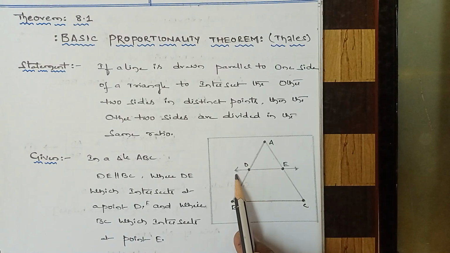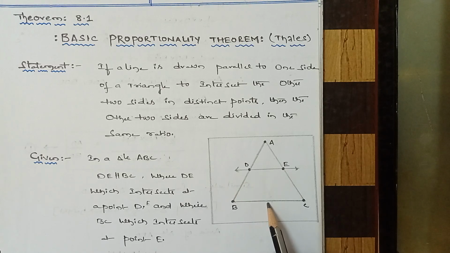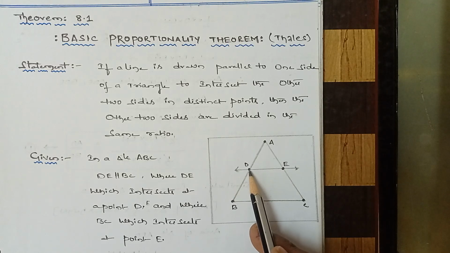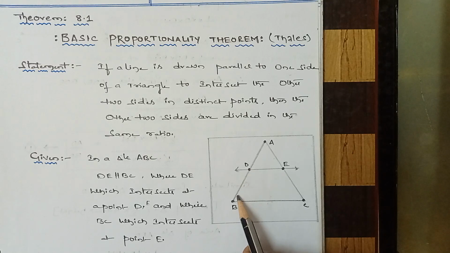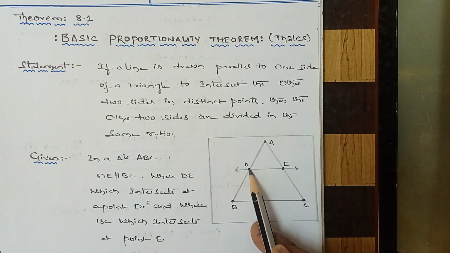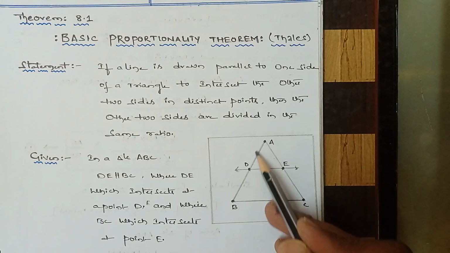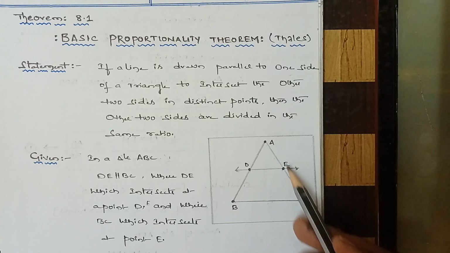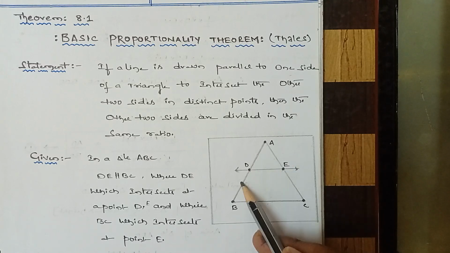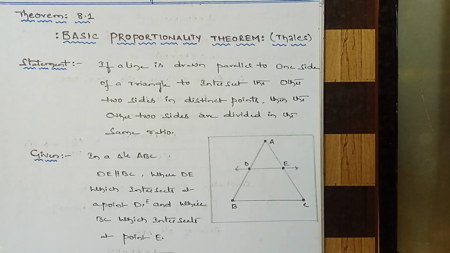Take a line parallel to the third side. Then that line will meet the other two sides in two distinct points, and it divides the other two sides in the same ratio. That is the given statement.